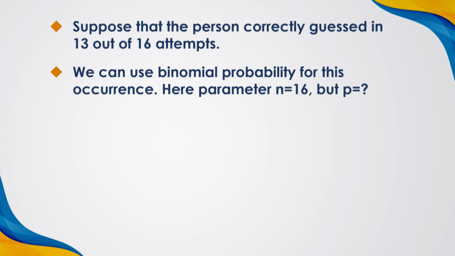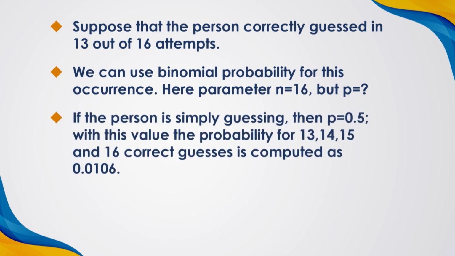We can use binomial probability for this occurrence. Here the parameter n equals 16. What about p? Please remember, binomial probability is defined by two parameters, n and p. Here n is 16, p is unknown. If the person is simply guessing, then p equals 0.5.